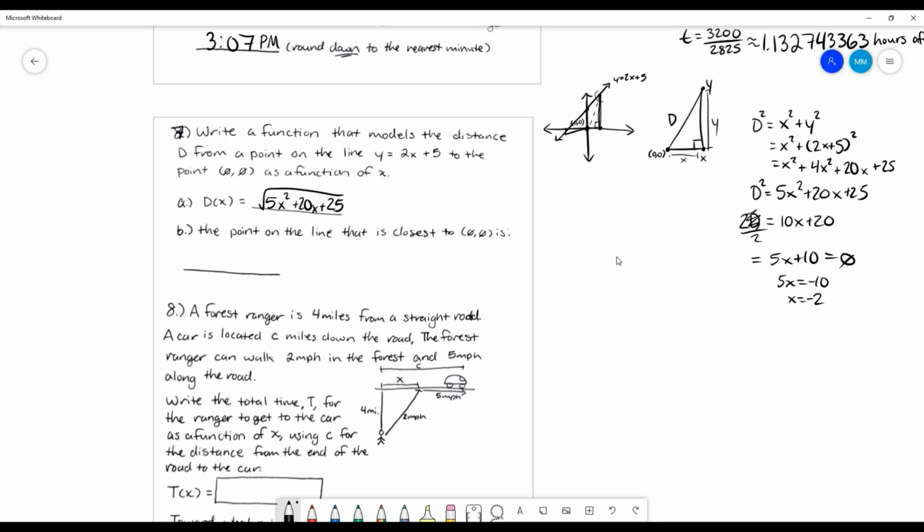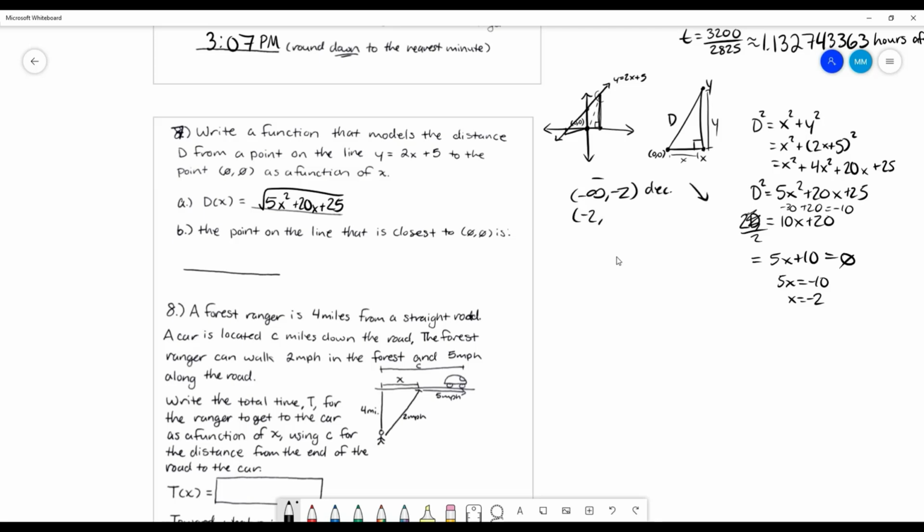Okay, now we want to check if that is a minimum or a maximum. Let's see, what interval are we on? Let's plug in a negative 3. This is going to be negative 30 plus 20, which is negative 10, which is negative. So we're decreasing.